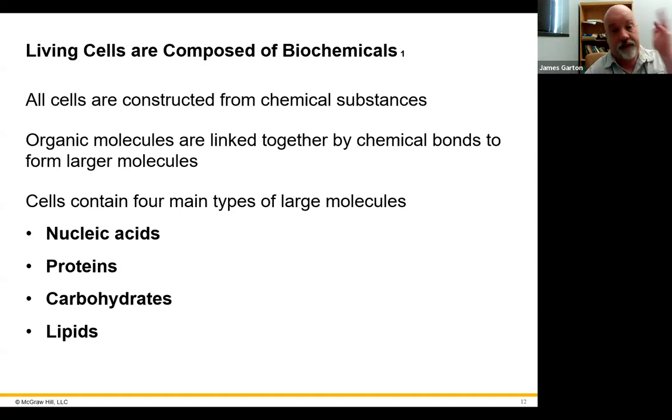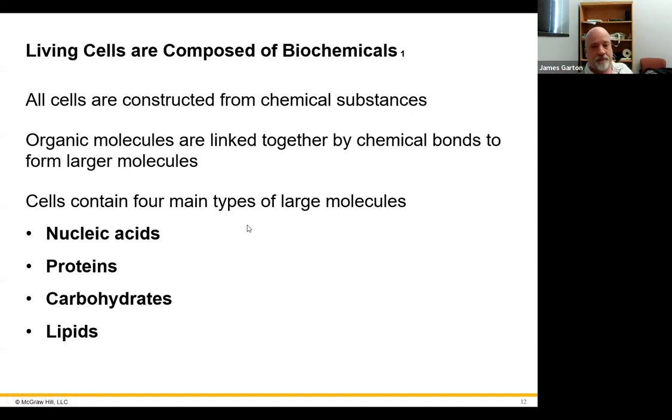Every living thing is made up of basically four types of molecules. This is common to anything that is alive. To some extent, it's also common to things that are not alive. For example, viruses are usually not considered to be alive, but you can argue in their favor.